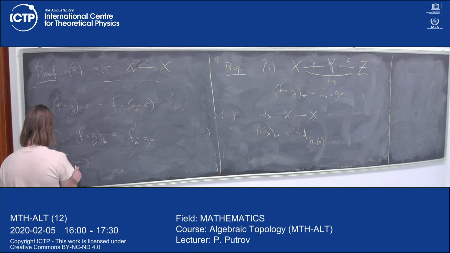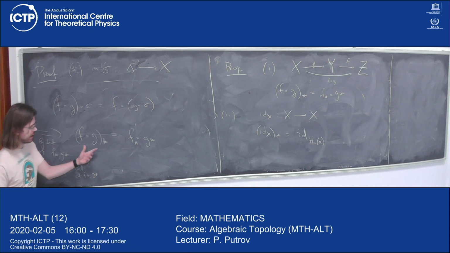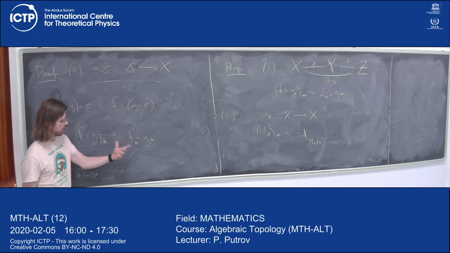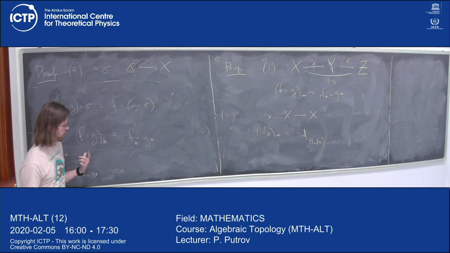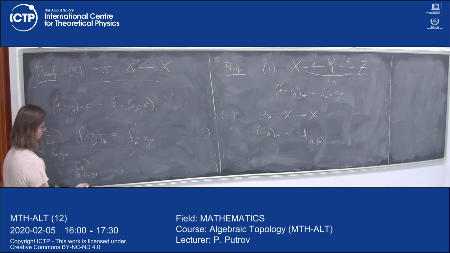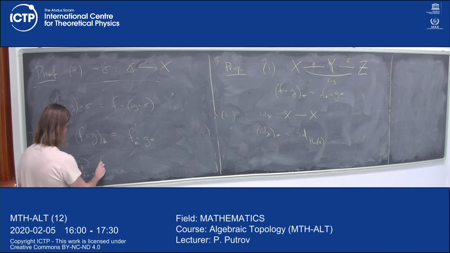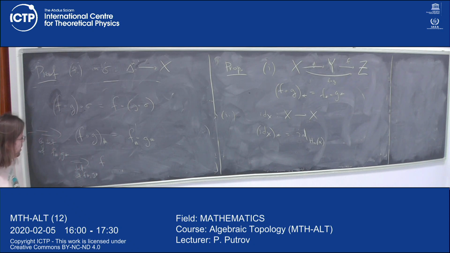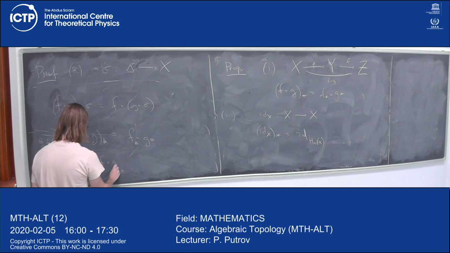Now you can just use the definition of the push forward. The definition of push forward was just by applying this sharp map, I mean the induced map on the chain complex, and taking its equivalence class. Since the composition satisfies this property, then we immediately have that.